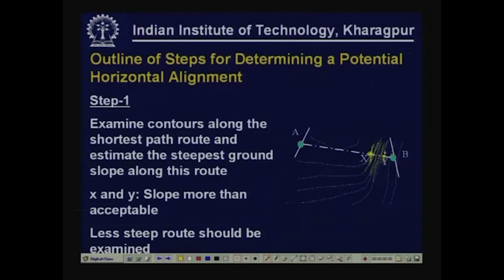If the scale is known, you know how the contour lines are plotted and you know the approximate distance between point x and point y, you can easily calculate what is the approximate slope.